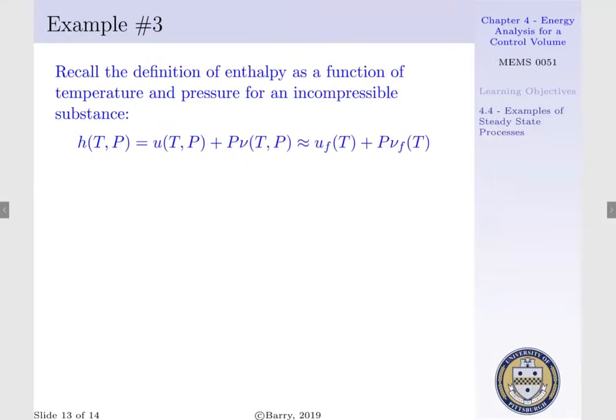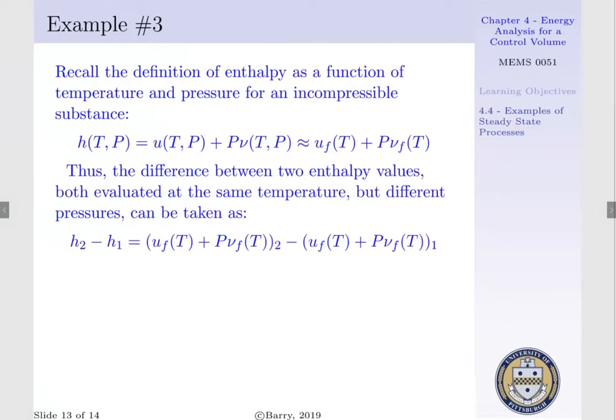We know, however, there is going to be a slight difference of enthalpy within our system. Thus, if we recall the definition of enthalpy as a function of temperature and pressure for an incompressible substance, h is approximately equal to our saturated liquid specific internal energy evaluated at our temperature of interest plus our pressure times our saturated liquid specific volume evaluated at our temperature.